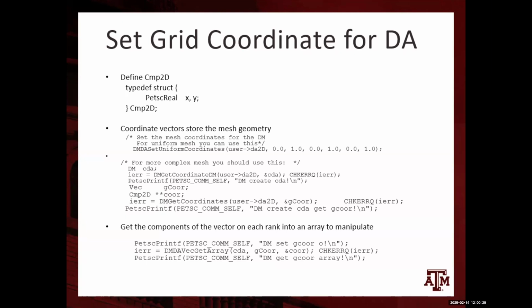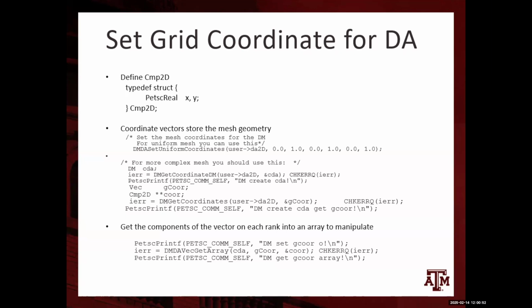In this case, we have 2, x and y, correct? So we're going to get the coordinate DM and call it CDA, coordinate DA.